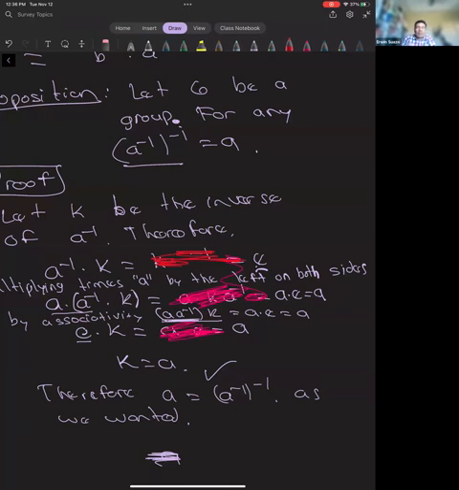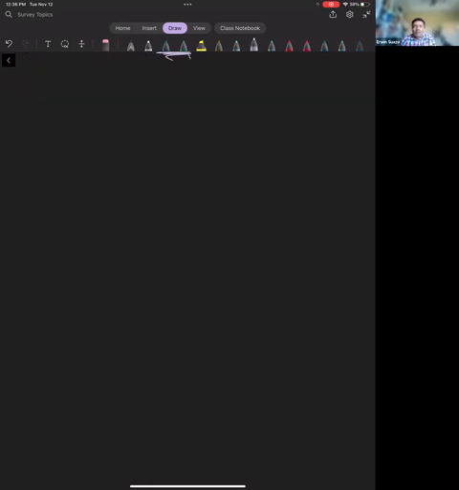Let me stop it and erase this, so it doesn't look that bad. Okay, so no, I couldn't erase it.